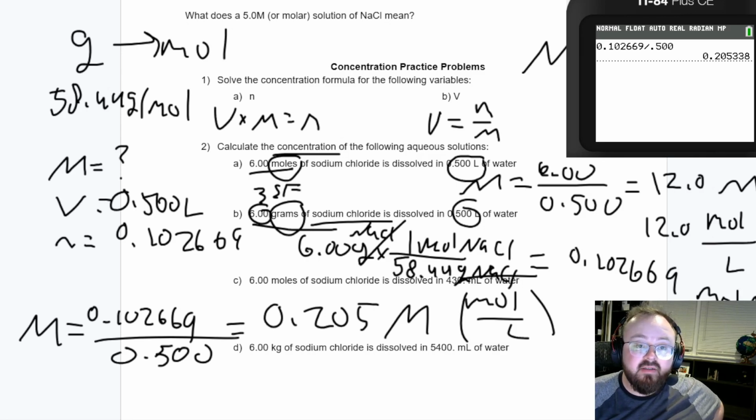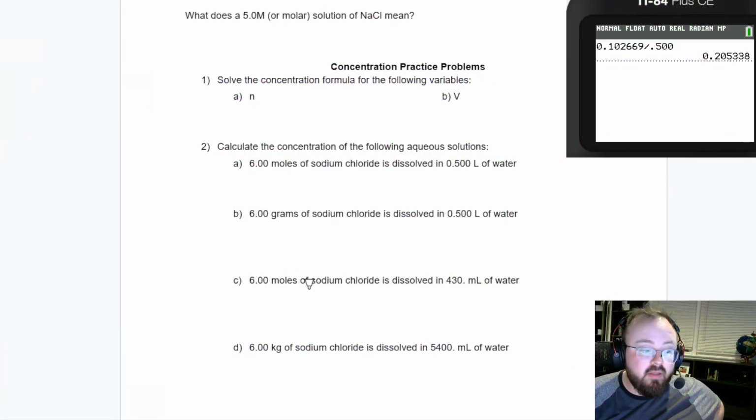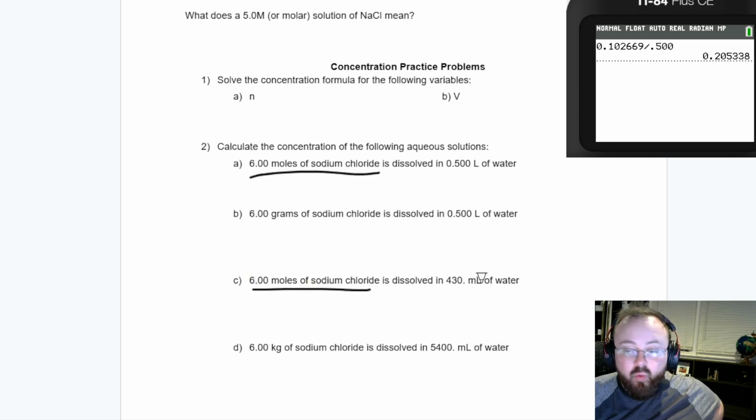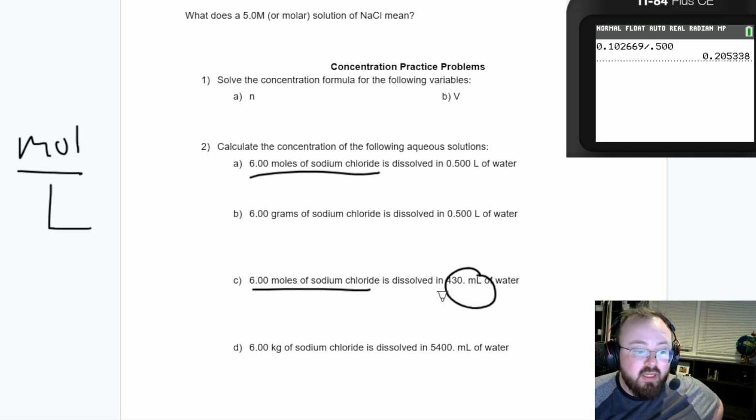The rest of these questions are the same thing as A, but I made one very slight difference. Milliliters. Why? Because molarity is moles per liter, so I have to convert from milliliters into liters.